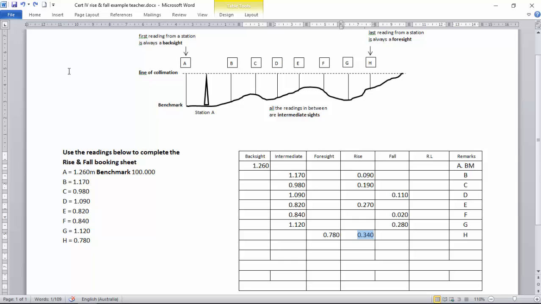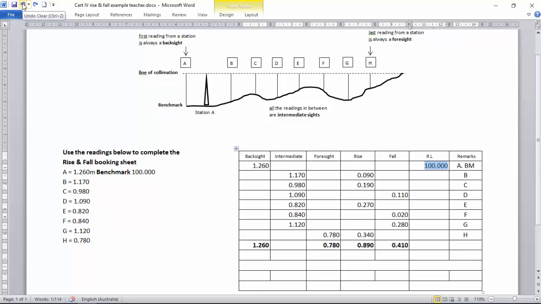Okay, so the next step is we actually total our columns up. We total our back sites, we total our foresights, we total our rises, and we total our falls, and they're the figures that we get. We then start with our RL of 100, and that's what we nominated our benchmark at being. It could have been 50 or 0. We can select any number we like, just as a nice round starting figure, and 100 is a nice round starting figure.